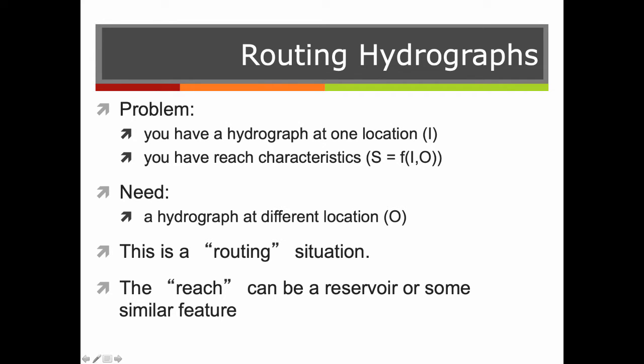The reach can be a channel, a river, a reservoir, or some other similar feature. A reach, by convention, is not going to be an overland flow path. It's after the water has either channelized or collected in some sort of storage element.